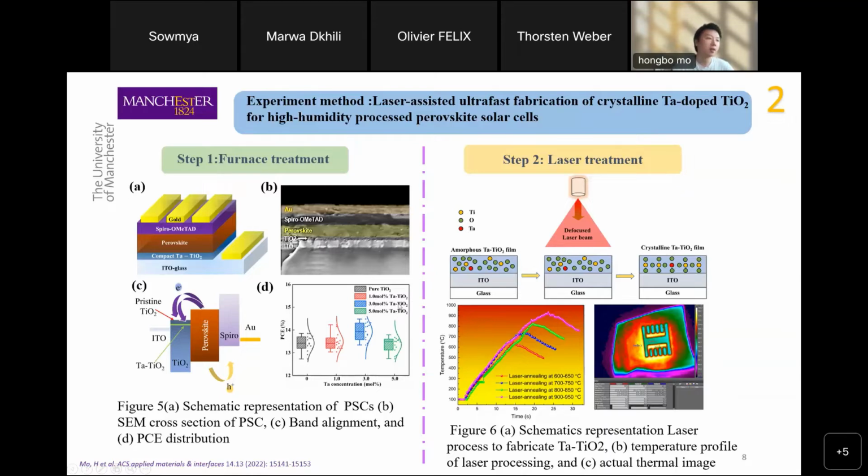Then, after we found the optimized concentration, we use laser treatment to fabricate Ta-doped titanium dioxide at different laser treatment temperatures. As we can see in Figure 6B, the thermal profile of the titanium dioxide during laser processing is recorded by a thermal camera. And Figure 6C shows the actual thermal image during the laser processing.